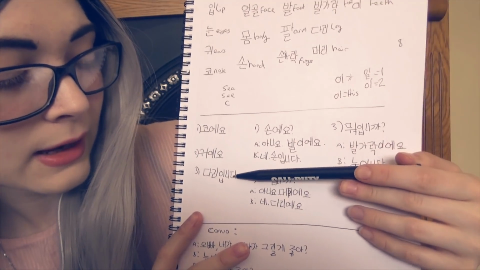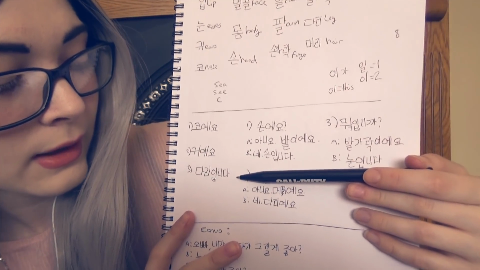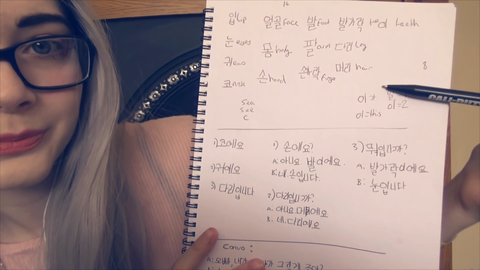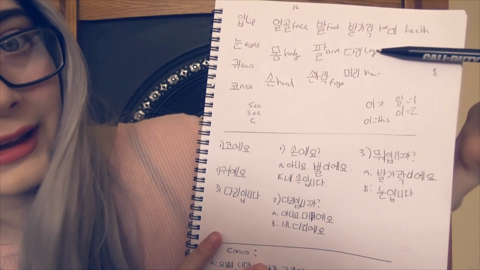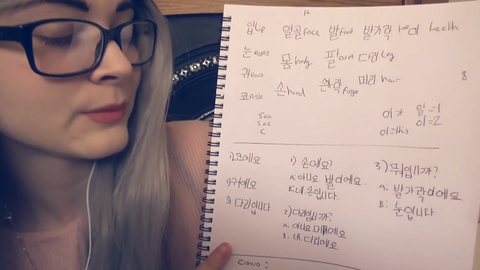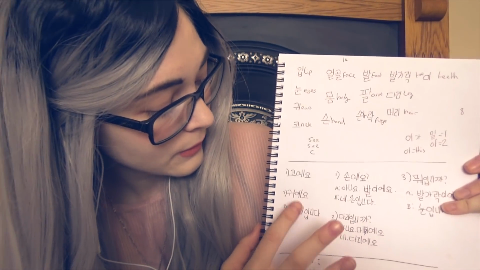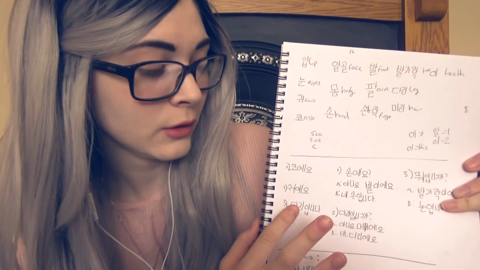So, 다리입니다 means, which leg? It's correct.